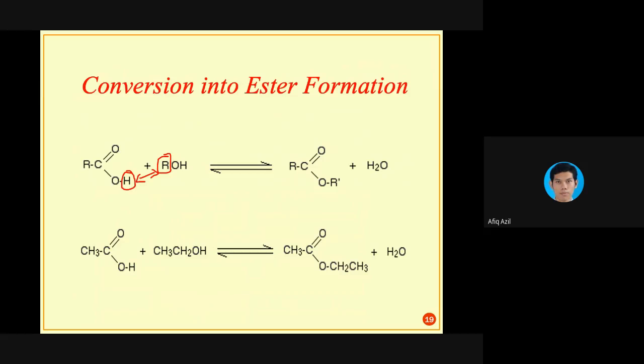So basically, for an example over here, you just need the corresponding carboxylic acid, and then you mix it with alcohol. Sometimes it also requires the presence of acid. You have H plus over here. Normally you have to add sulfuric acid, H2SO4, and the reaction is actually reversible.